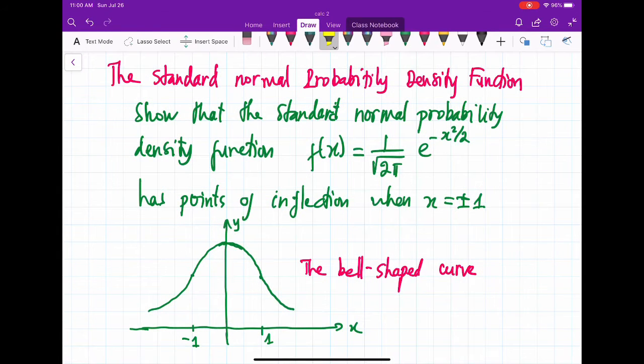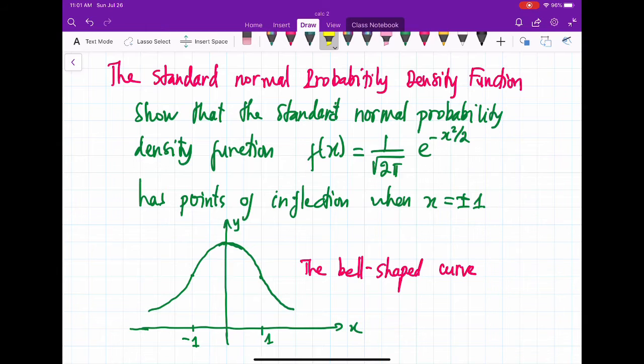In the following example, we'll see a very important application of exponential function. So in probability theory, we have the following normal density function. We call the bell-shaped curve, right?